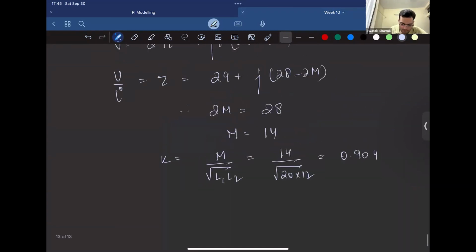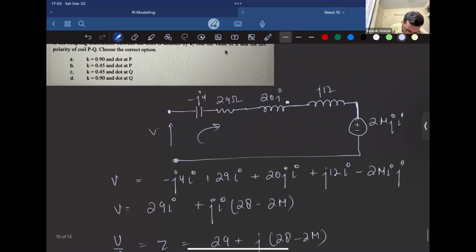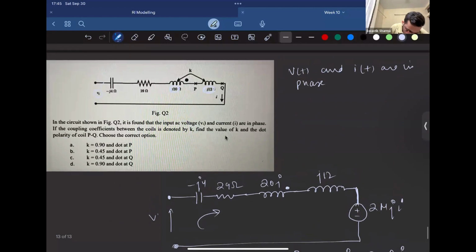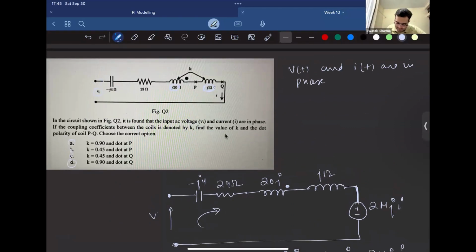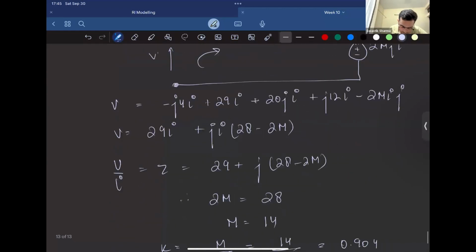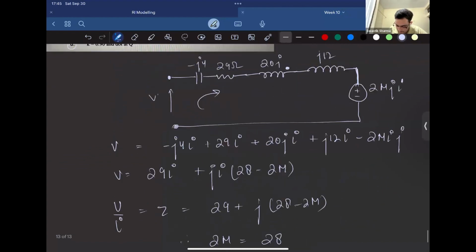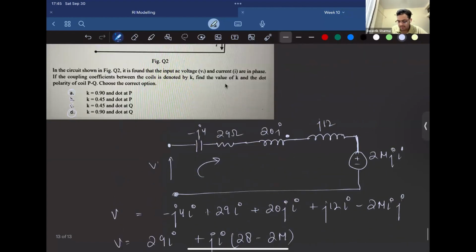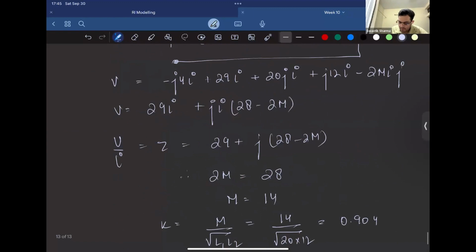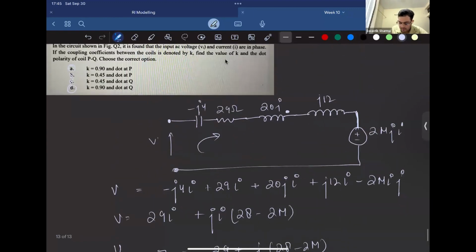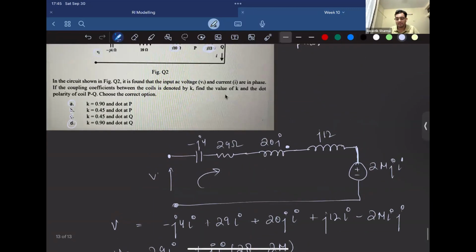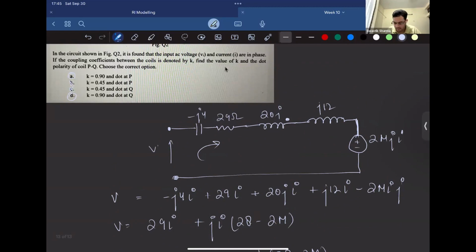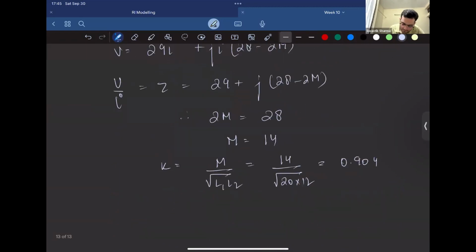So what are the answers? Okay, so A and D can be the answers. B and C are gone. So it's saying at what polarity should the dot P be kept. Now, since I've added this, this is being subtracted. So I took this polarity, which seems to be correct because this M is positive for that polarity.